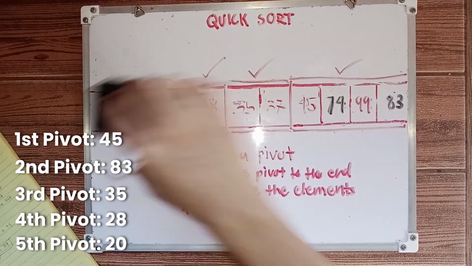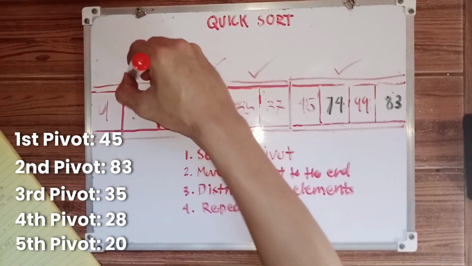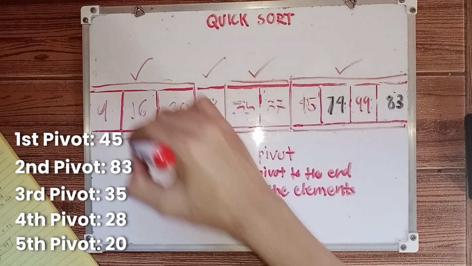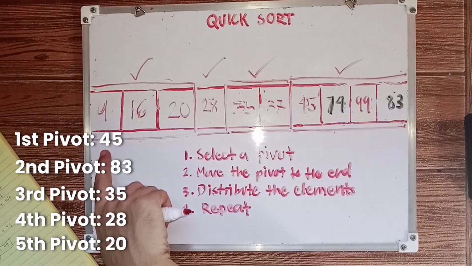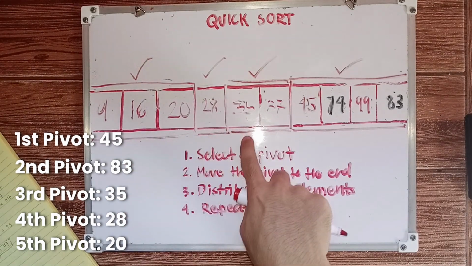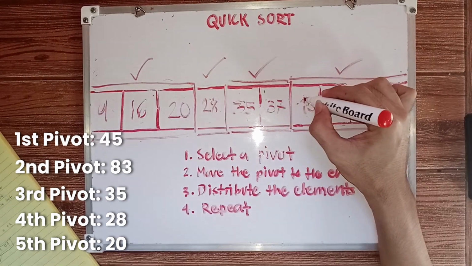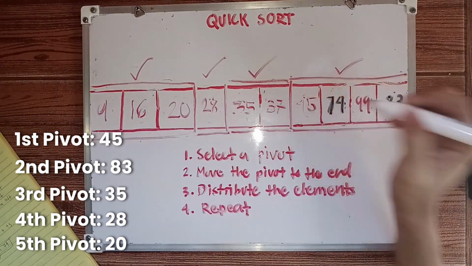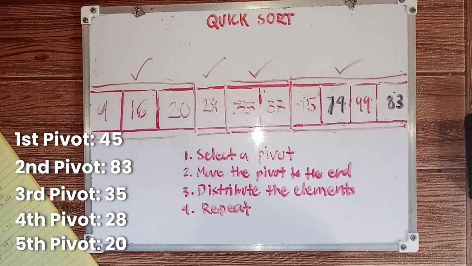So as you can see, we already sorted the whole array, making the values from lowest to highest: 9, 16, 20, 28, 35, 37, 45, 74, 99, and 83. So by that process, we can sort the array using the quicksort algorithm.